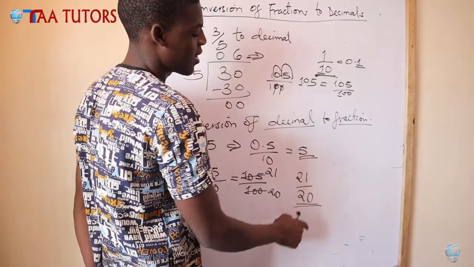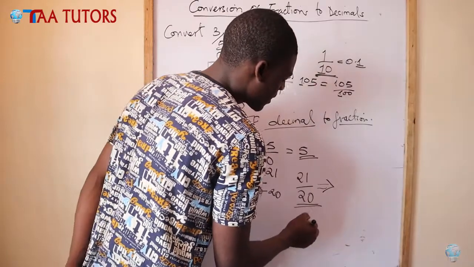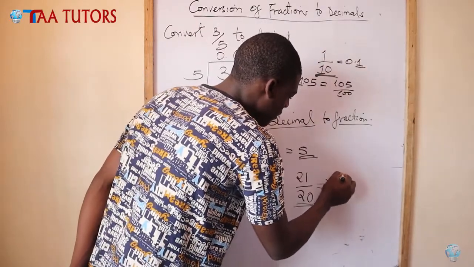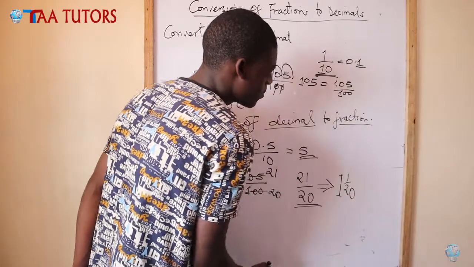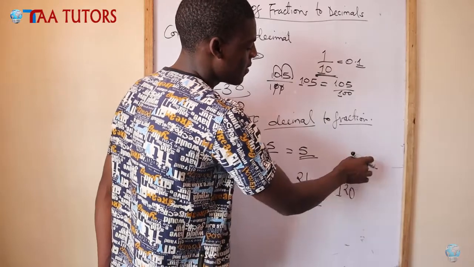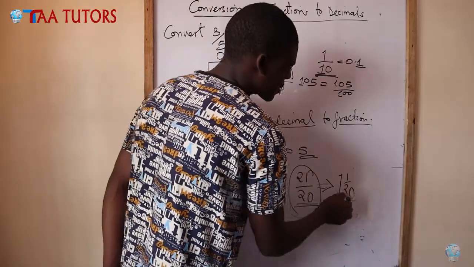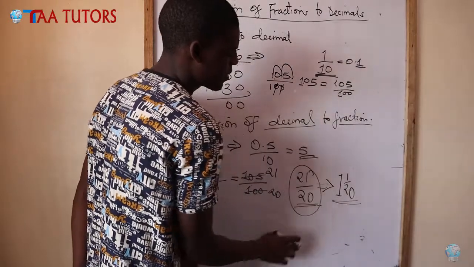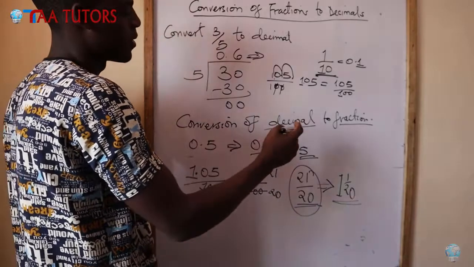So the best thing we can do to it is to make it a mixed fraction. 21 over 20 is the same as one whole number and 1 over 20, because when you multiply the denominator by the whole number, then add the numerator over the denominator, we are getting this. So this one is the mixed fraction form of 21 over 20. This is how we convert decimals to fraction.